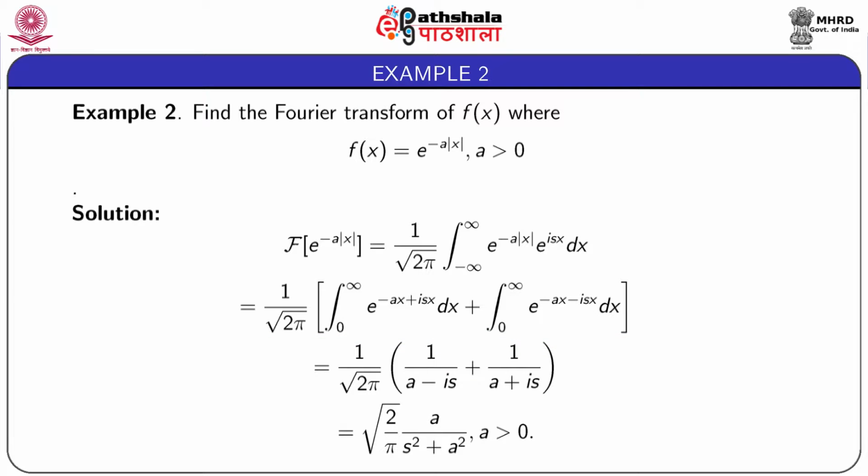This integral can be evaluated to give 1 by root 2 pi into 1 by a minus I s plus 1 by a plus I s, which can be simplified to give root over 2 by pi a divided by s square plus a square, where a is positive, and this is the Fourier transform of the given function f(x) equal to e to the power minus a mod x.